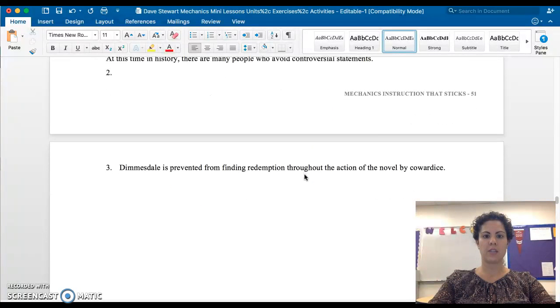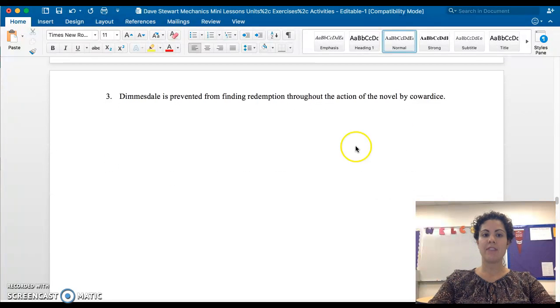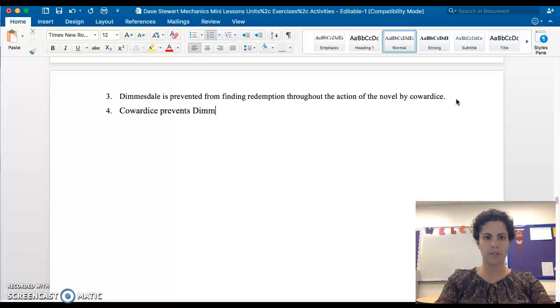Let's look at the next one, Dimmesdale. So here I have, Dimmesdale is prevented from finding redemption throughout the action of the novel by cowardice. Ugh, that's really ugly. What we want to do is make the thing do the action, right? So we have cowardice prevents, strong verb, Dimmesdale from, what do I have?